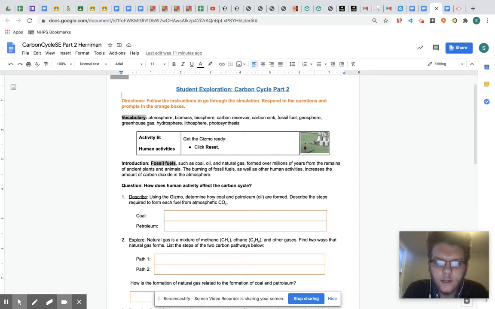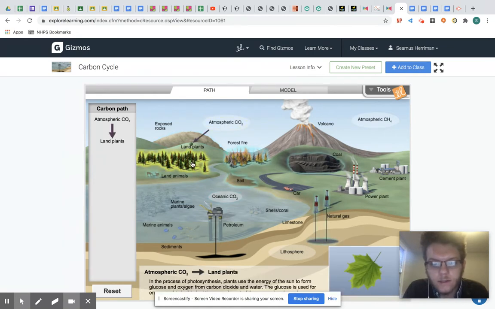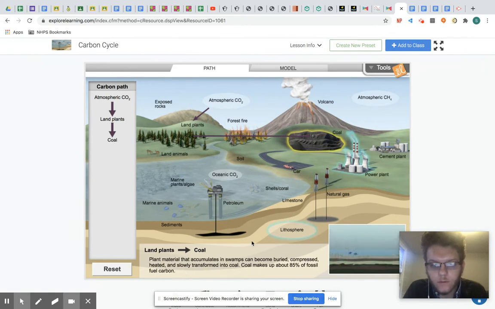We want to first figure out how coal and oil are formed. So we're going to find each of these items in the simulation and find out what caused them to be formed. We can go from atmosphere to land plants over to coal, which is glowing, so we're able to open that one and read about how it's formed.